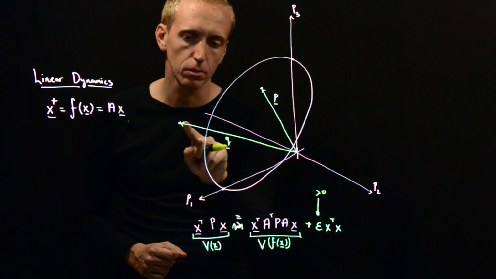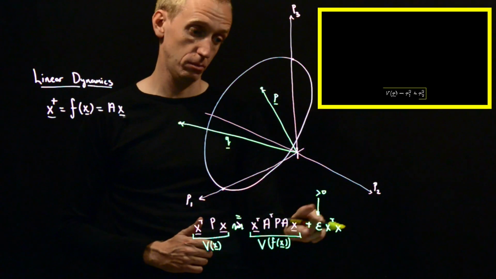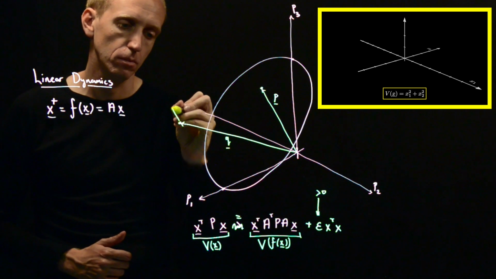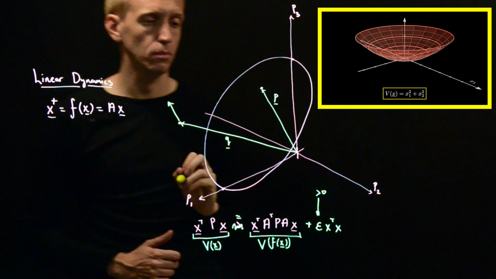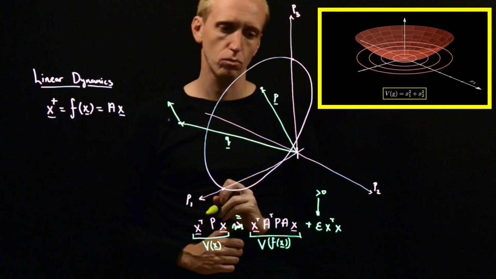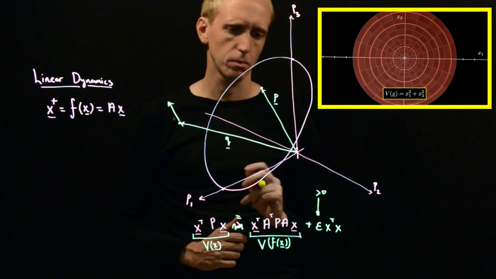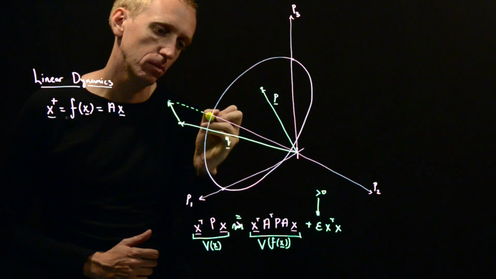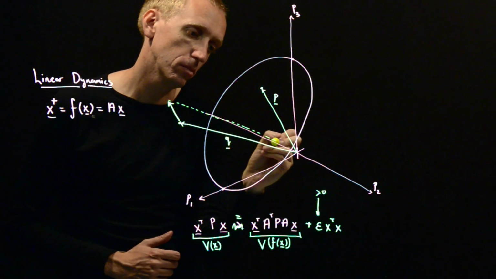This final term is also a Lyapunov candidate. In fact, it's on exactly the same form as the very first Lyapunov candidate that we investigated. The sum of these two terms gives us another vector that must lie somewhere within our cone. By then rescaling this vector, we can project it back onto our circle.